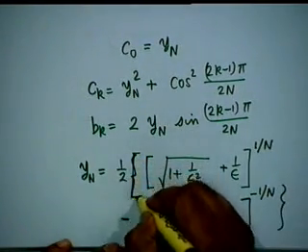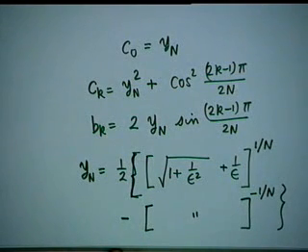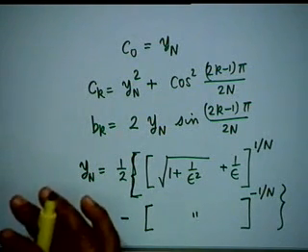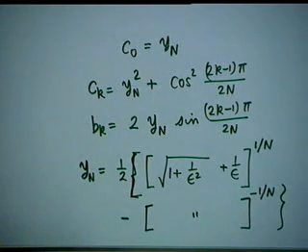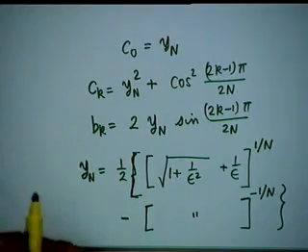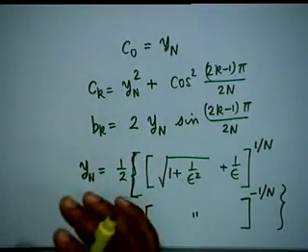This is the expression for Yn, and given capital N and epsilon, you can find out the transfer function. Okay? Capital N and epsilon are the only two parameters of a Chebyshev filter. Once you know them, you can find out the transfer function.